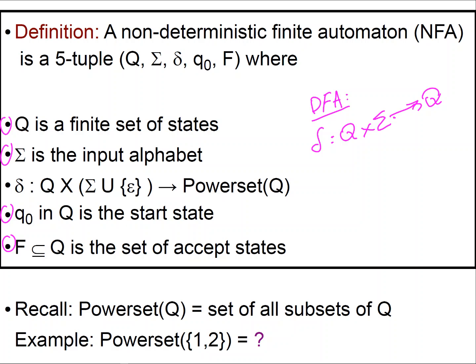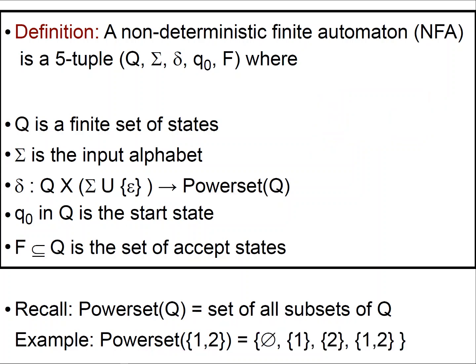So delta is going to map into the power set of Q, where the power set is the set of all subsets of Q. For example, what is the power set of {1, 2}? It's a set of 4 sets: the empty set, which is always a subset of any set, the singleton set with 1, the singleton set with 2, and the set containing 1 and 2.